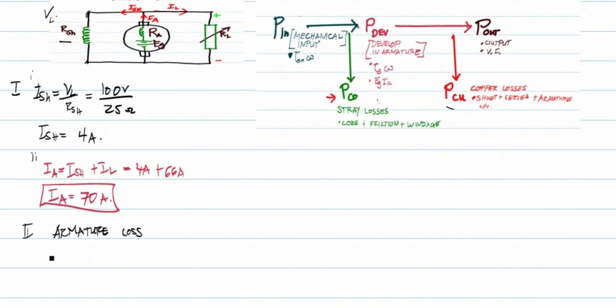So the armature loss from the formula is PA loss equals IA squared RA.